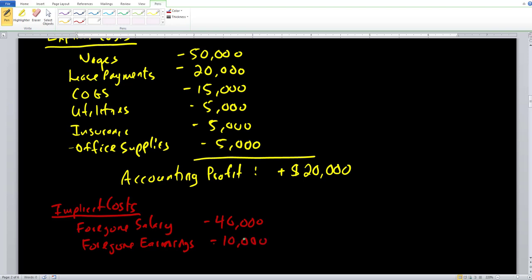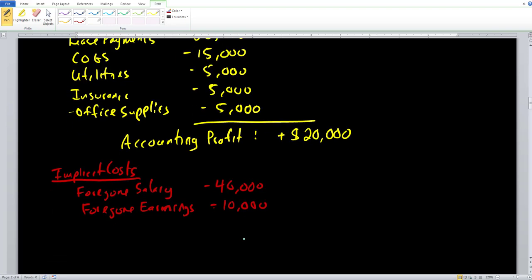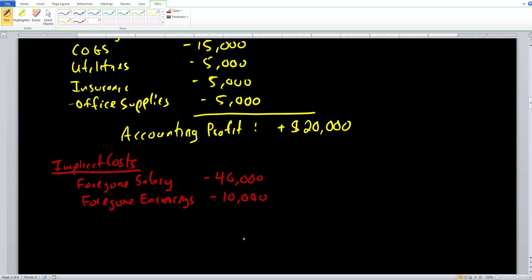And then once you take your accounting profit and subtract out the additional implicit cost, you're going to get your economic profit. So here, positive 20,000 minus 40,000 minus 10,000 will give us an economic profit of minus $30,000. So minus 30K in this instance.